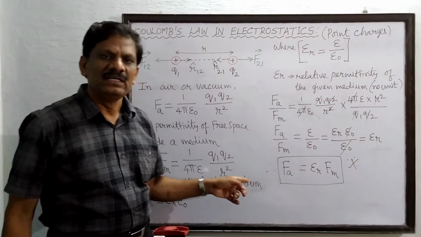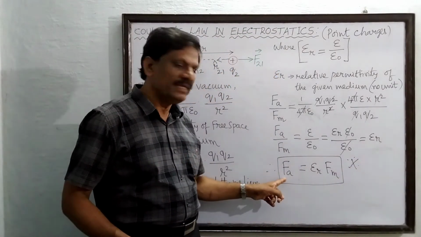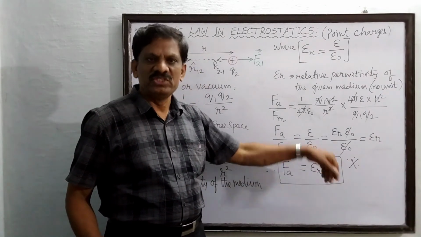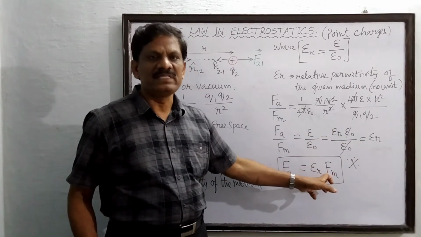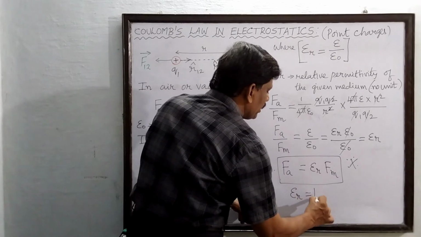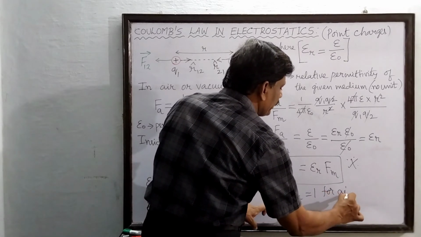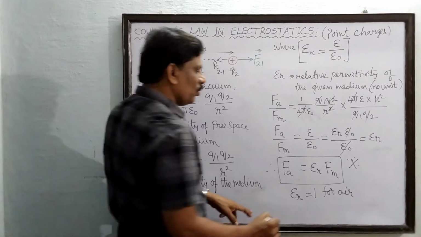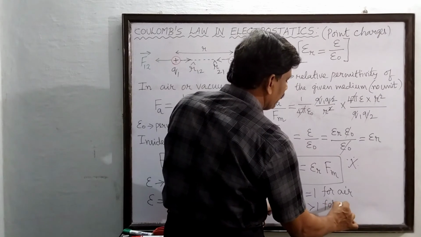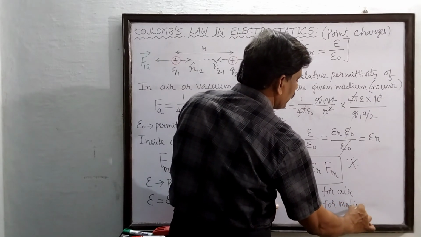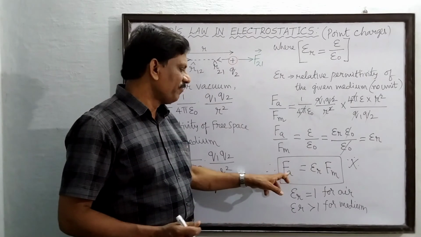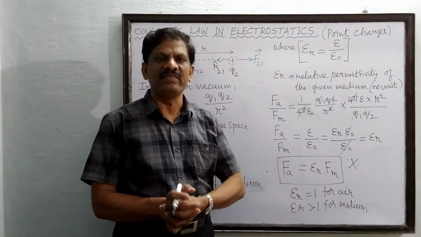Can you see that the force between two charges in air is epsilon r times the force Fm experienced by the same two charges in a medium. So epsilon r is equal to 1 for air, and epsilon r is greater than 1 for any medium. Since epsilon r is always greater than 1, F air is always greater than F medium.